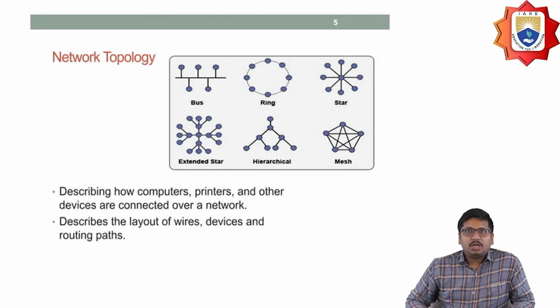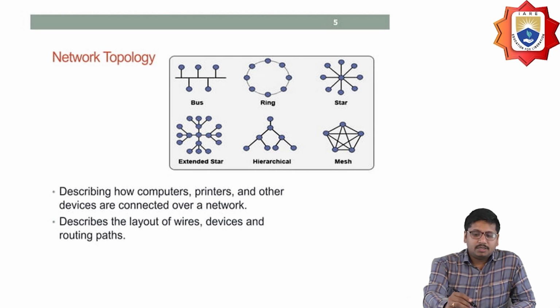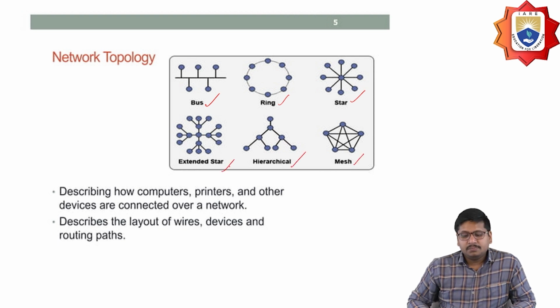And in network topology, I make use of graphs for representing different types of topology, like bus topology, ring topology, star topology, mesh topology, hierarchical topology, and extended star topology.